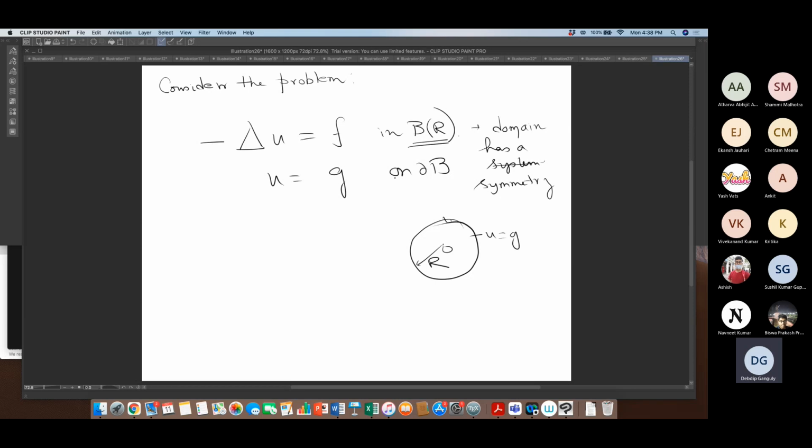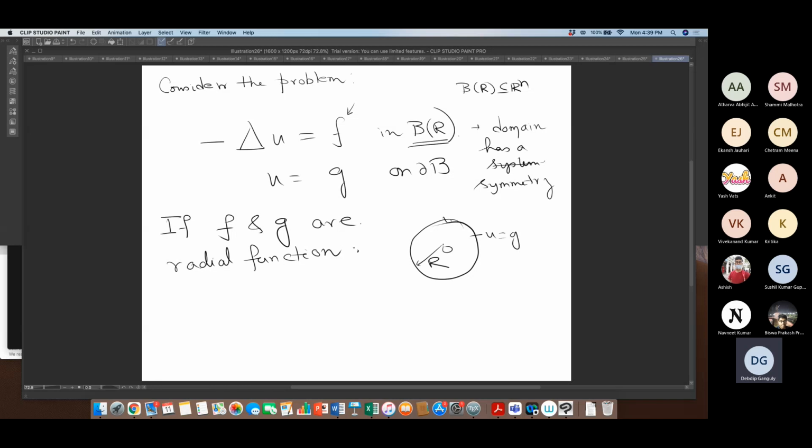Suppose F and G are both radial functions. Can anyone tell me the meaning of a radial function? B_R in R^n, F and G are radial functions. What does it mean?